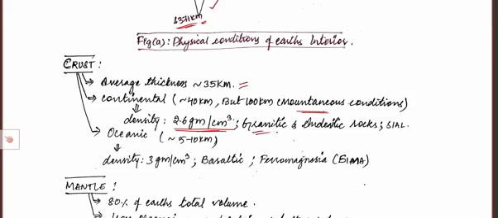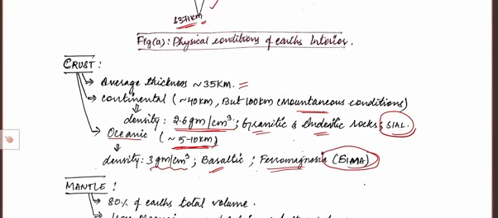It contains mainly granitic and andesite rocks, and it is made up of silicon and aluminum. Oceanic crust is between 5 to 10 kilometers thick, its density is 3 grams per cubic centimeter, and it is made of basaltic rock and ferromagnesian minerals. We call it Sima.